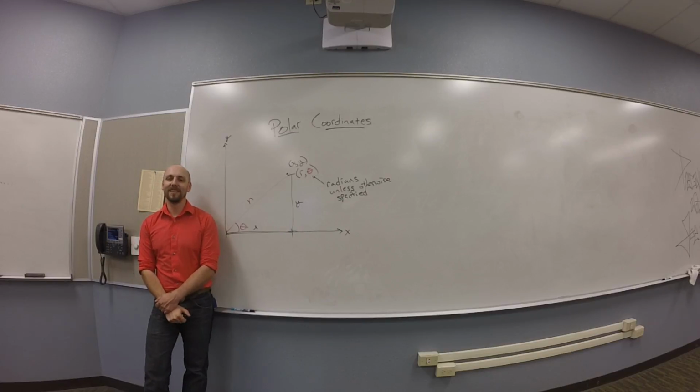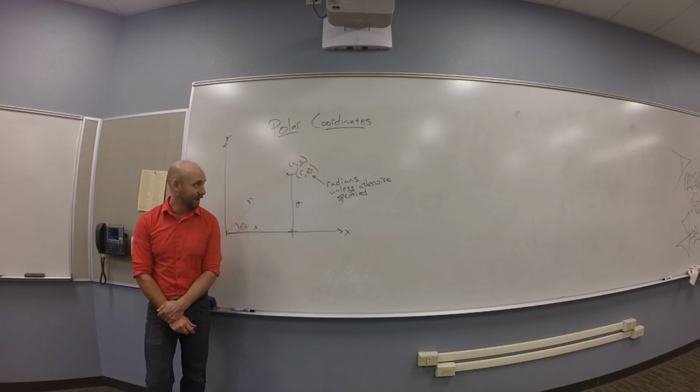You may put degrees in there, but please, for the sake of clarity, do not put minutes and seconds in your degrees. Use decimal degrees if you must use degrees. Radians all the way. Okay, let's just move forward.